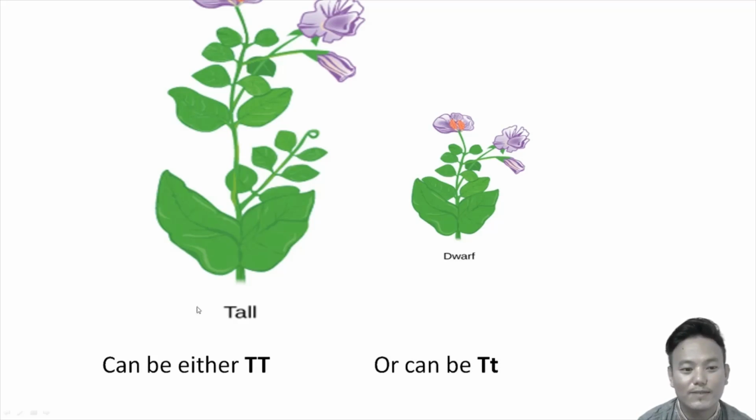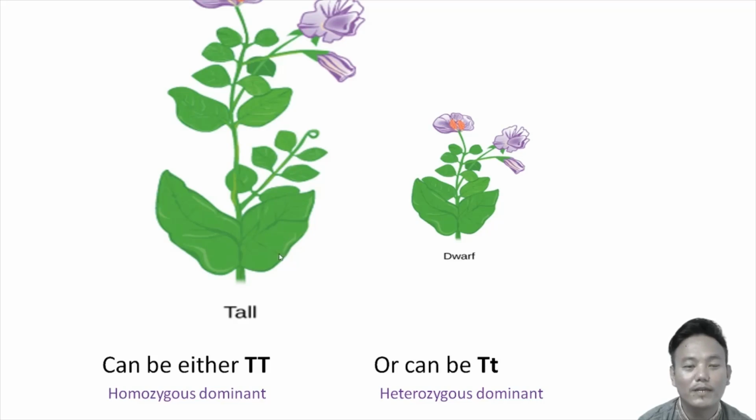In the first case, if the plant has two capital T's, it is called homozygous dominant. If the plant has a capital T and a small t, then it is called heterozygous dominant. So for the tall pea plant, it is a little bit tricky to tell whether it is homozygous or heterozygous.